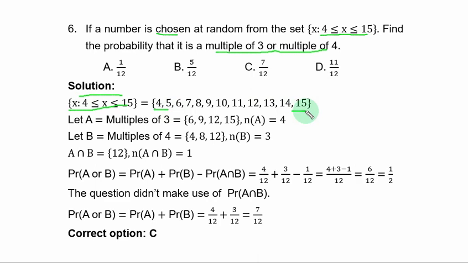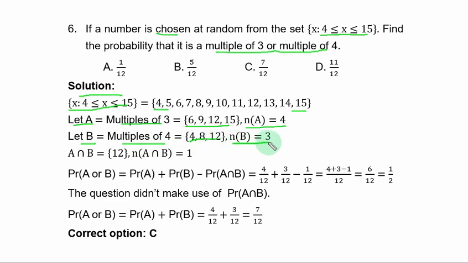From this place, you have to define two subsets. The first one is subset A, multiples of 3. From the given set, you write out all the numbers that 3 can divide. That gives this set, and there are 4 elements in set A. For set B, multiples of 4, you write out all the numbers that 4 can divide.